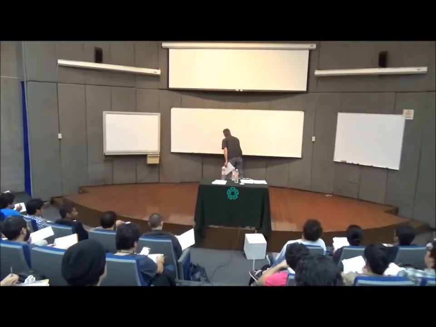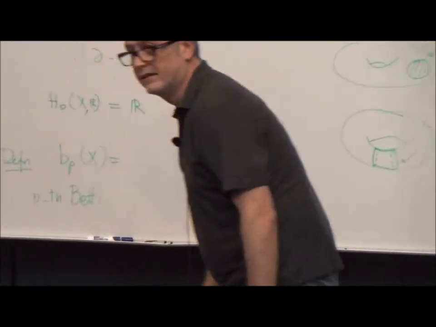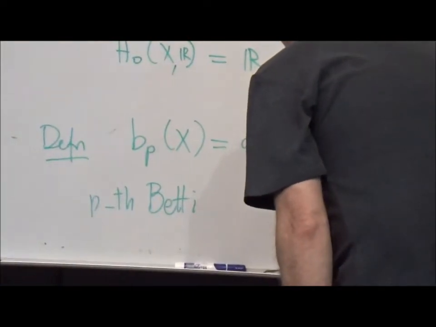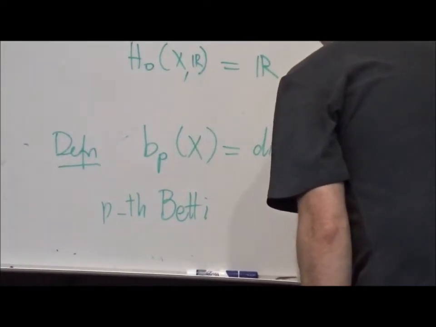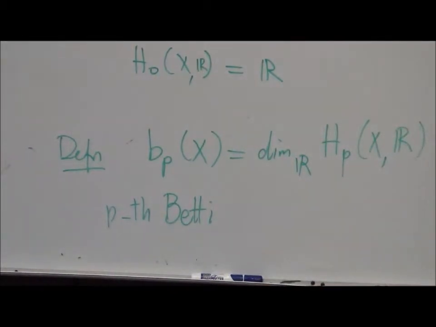The Betti number is the real dimension of H^p(X) with values in R. Okay? That's the Betti number.